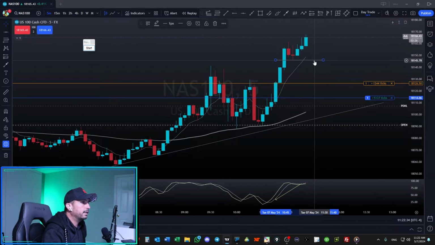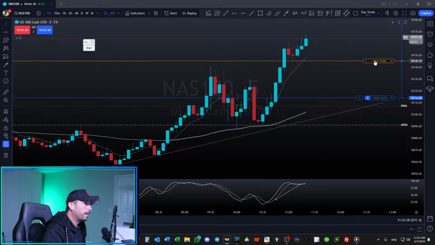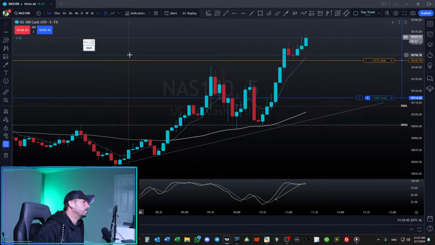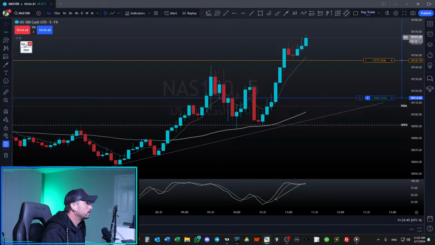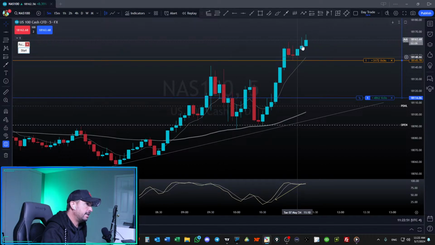So we're going to take this now that it's moving. Put the stop down there. That's kind of tight. It doesn't give room for the market to play.